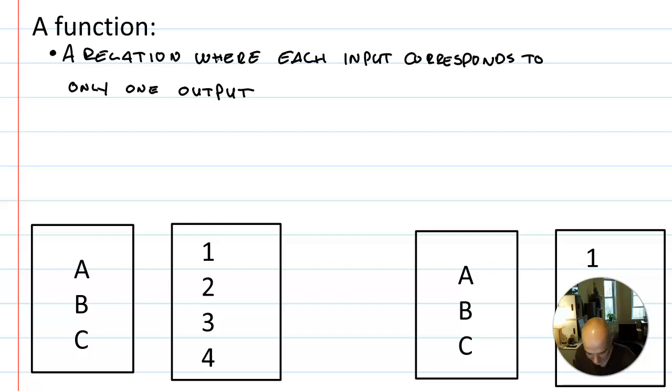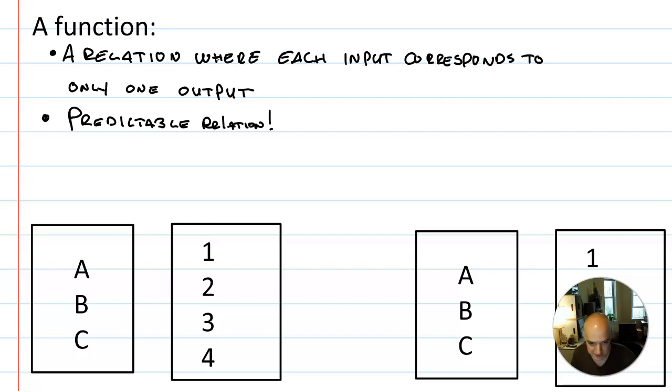And what this means when you have a relation with this property, and we'll give some examples of this property, is that it is a predictable relation. That is, you always know what output you're going to get.